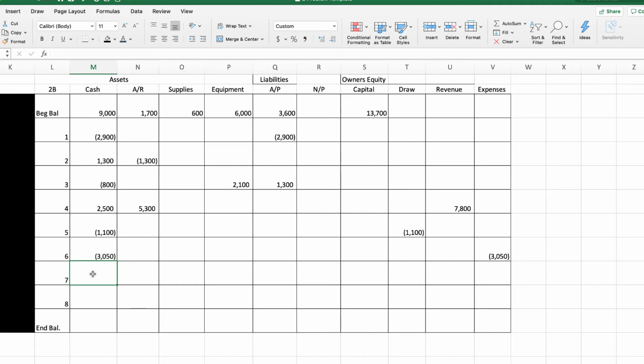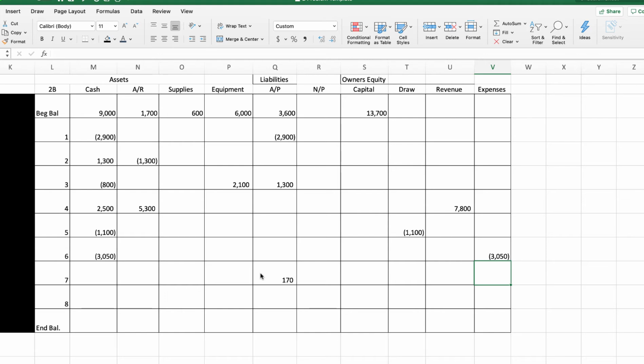So that means that my liabilities, or specifically my accounts payable, is going up. So I need to add $170 to accounts payable, and I'm going to recognize the expense.